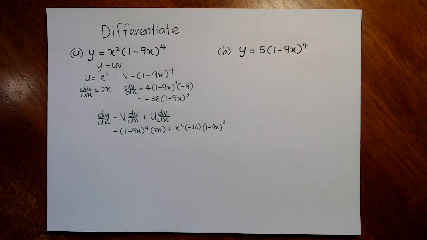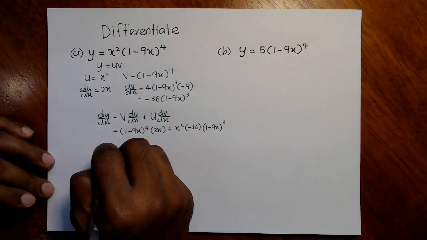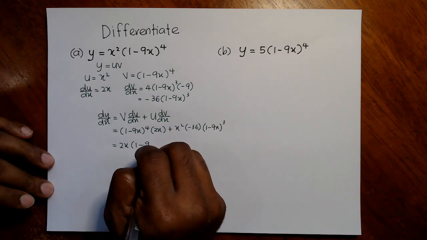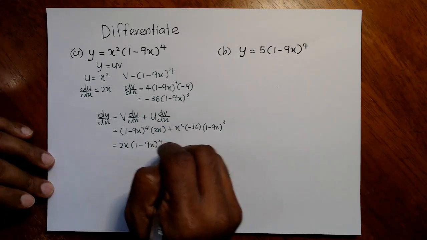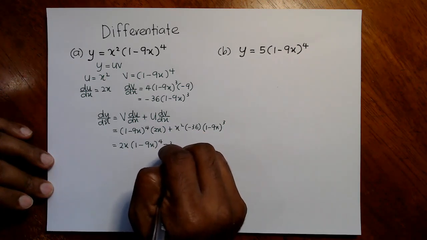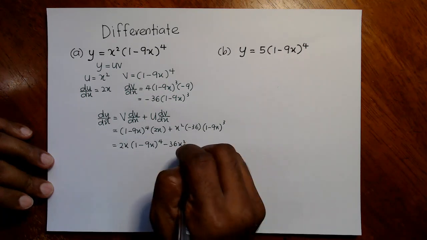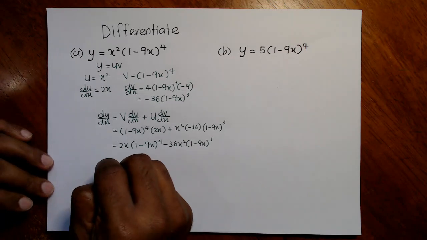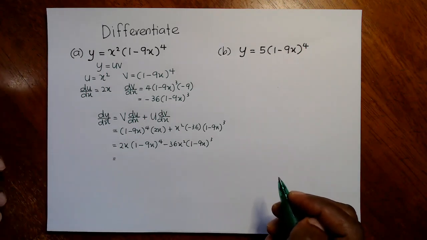Right, we can beautify that a bit, so we get 2x(1 minus 9x) to the power of 4 minus 36x squared(1 minus 9x) to the power of 3, and to simplify we factorize.